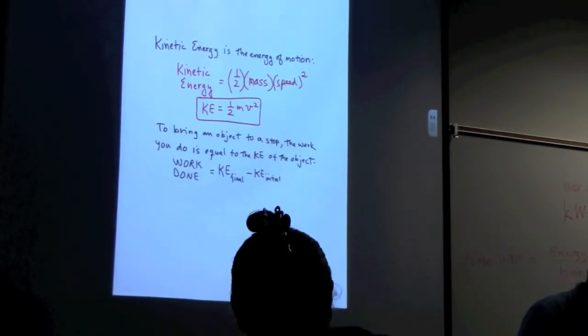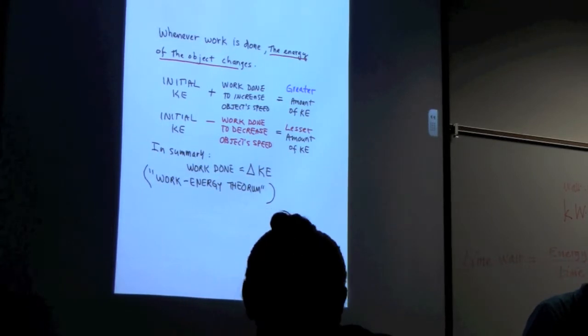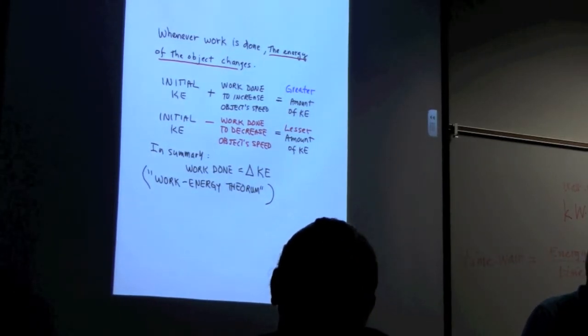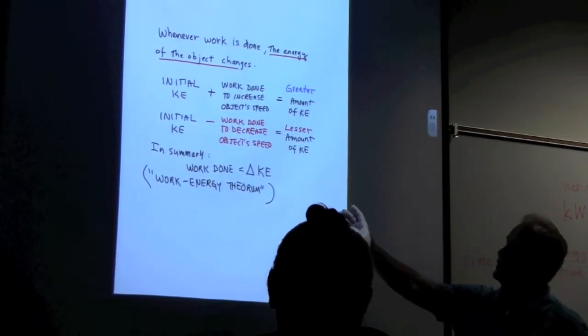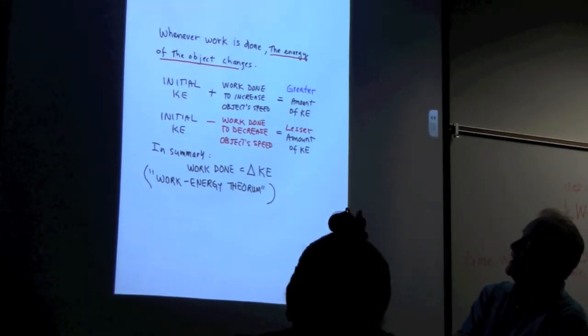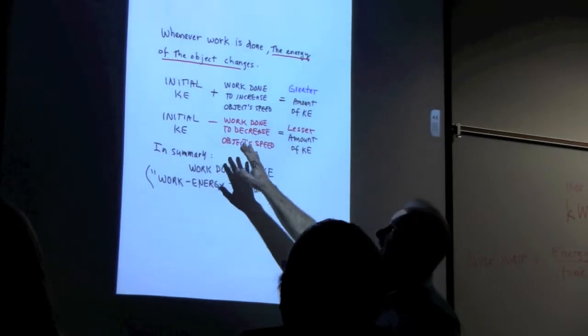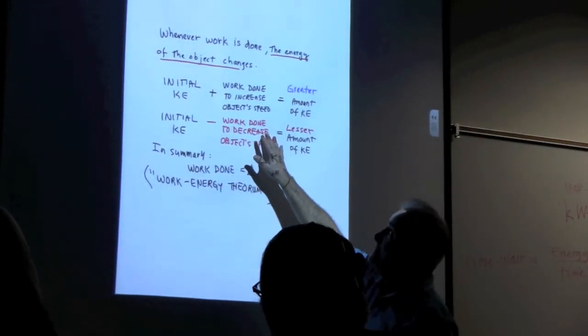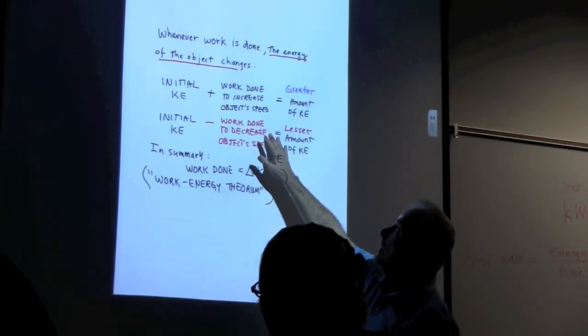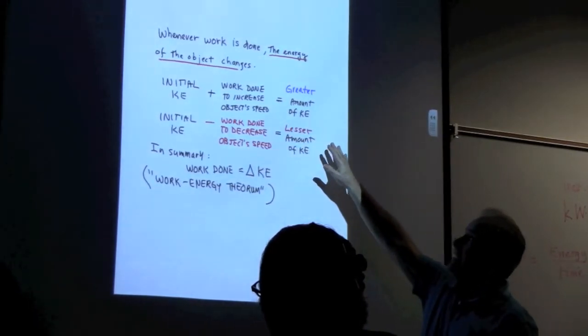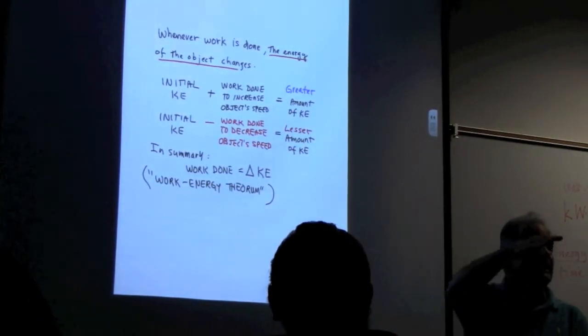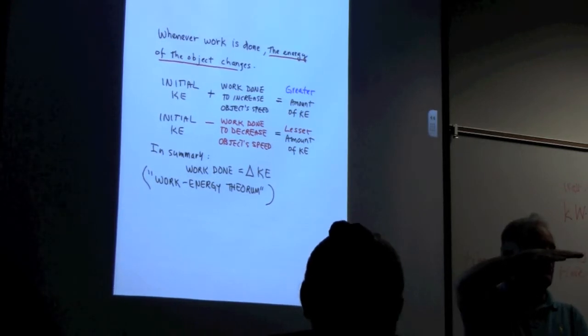We have an example of that, maybe not. Well, this explains it in a little bit more detail. It just says the energy changes whenever work is done. If you have an initial amount of kinetic energy and then you do work to increase the object's speed, like you step on the gas pedal, then you're going to have a greater amount of kinetic energy because the v squared, the velocity squared, is going to be a bigger number.